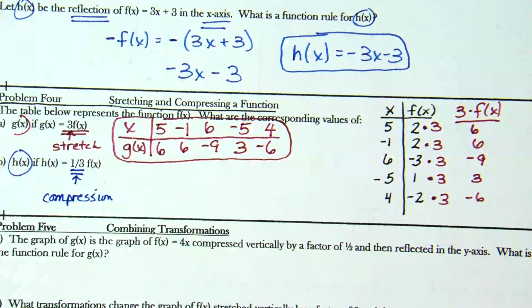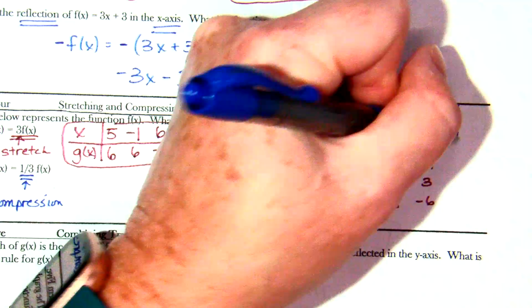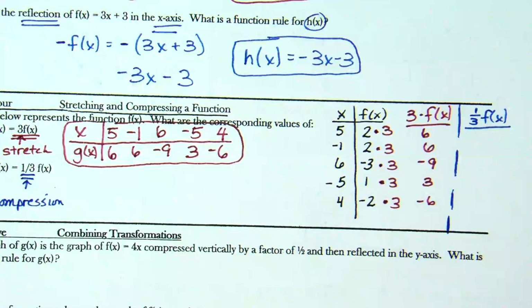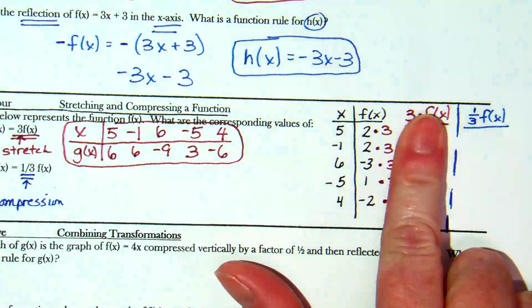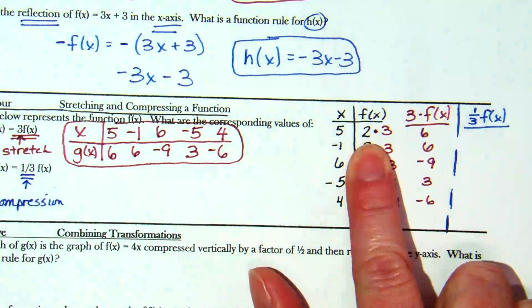Now, you're going to kind of have to block out these other numbers because now I want to do 1/3 of each y value. We're not using these new ones, so block them out for a moment. We're going back and using 2. How do you do 1/3 of 2?